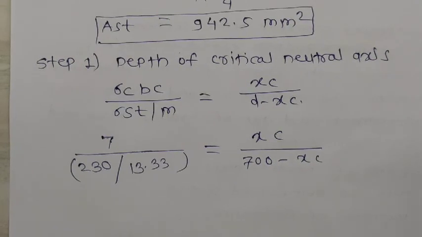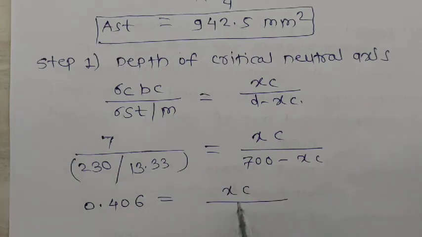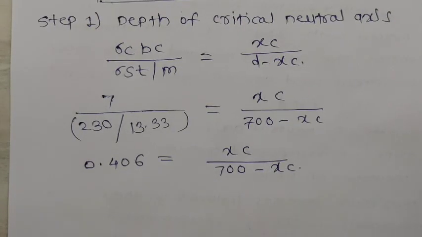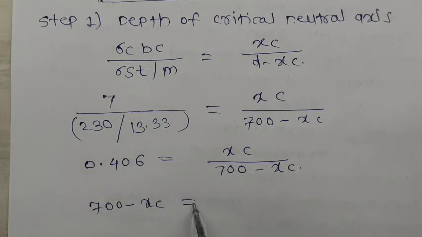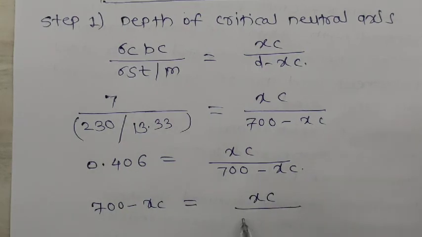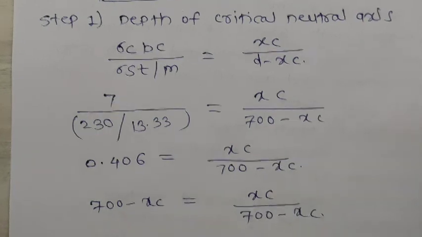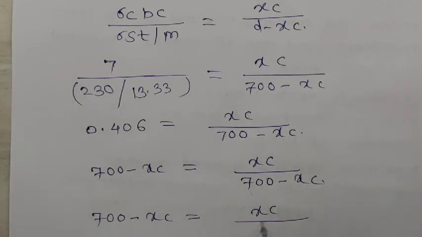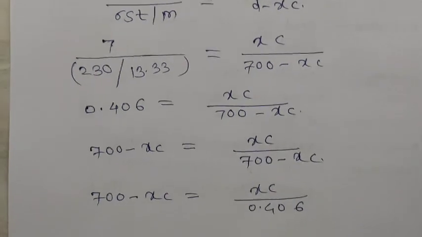Then left hand side is 0.406, equal to XC upon 700 minus XC. Then cross multiplication: 700 minus XC is equal to XC upon 0.406.